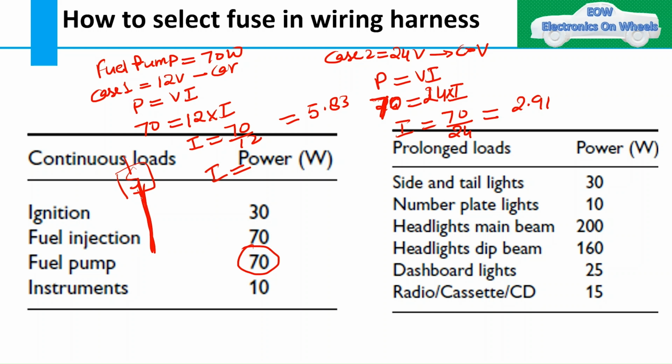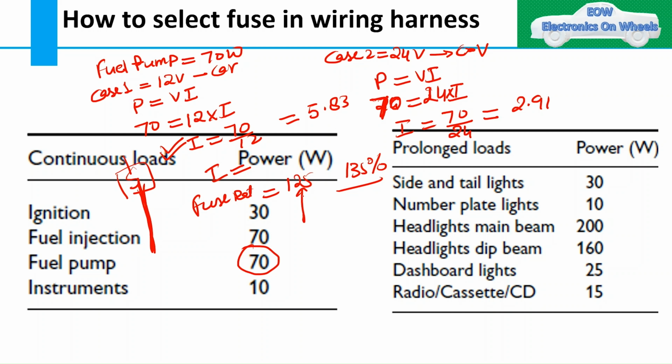Earlier also I have told you that we select the fuse for the wire, not the device. As you know, your fuse rating should be 125% to 135% of your continuous current on that particular circuit. Suppose I take one example of 125. It always depends on which circuit you are going to use.